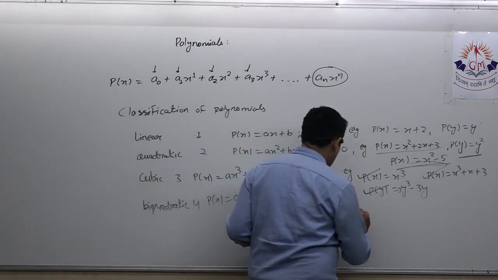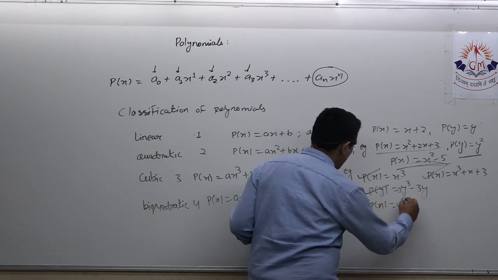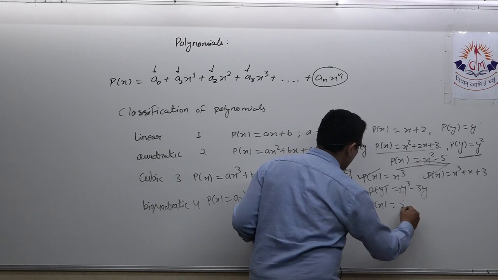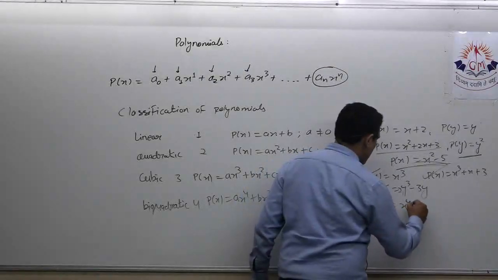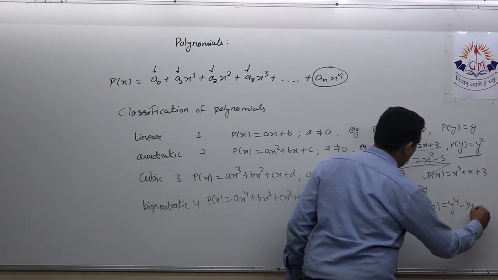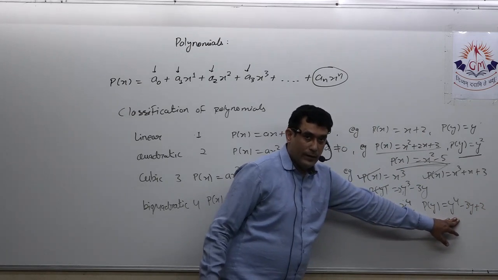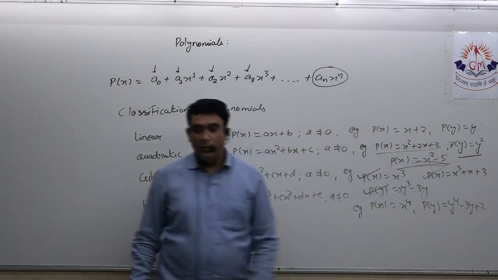Then, if we talk about examples, P(x) is equal to x raised to 4, or P(y) is equal to y raised to 4 minus 3y plus 2. This is, I can say, a biquadratic trinomial. This is a biquadratic monomial.